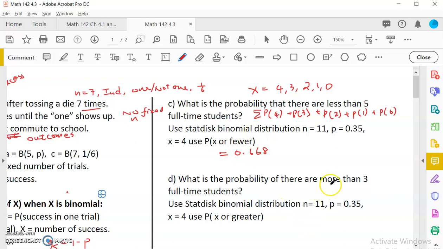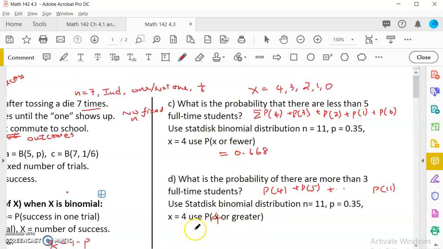What is the probability that there are more than 3? What is more than 3? So not exactly just 4, but 4, 5, all the way up to 11, right? So it's 4 or more, 4 or greater. So X is 4 or greater.